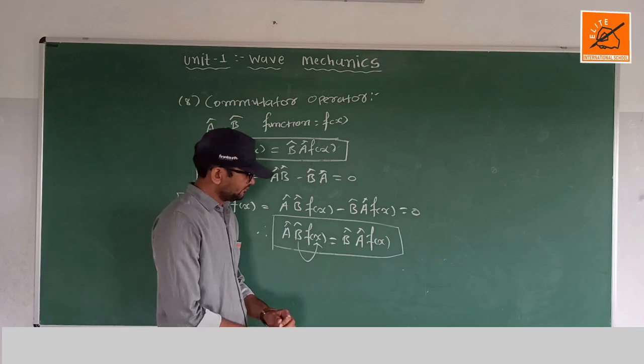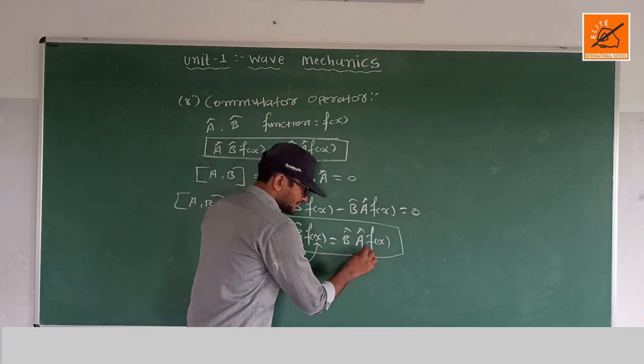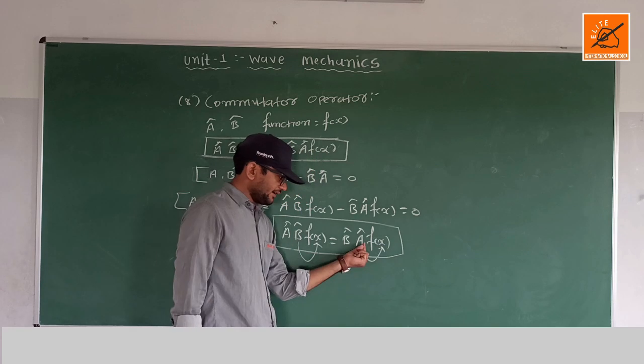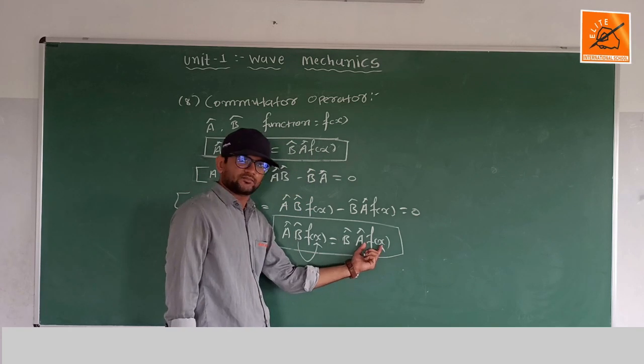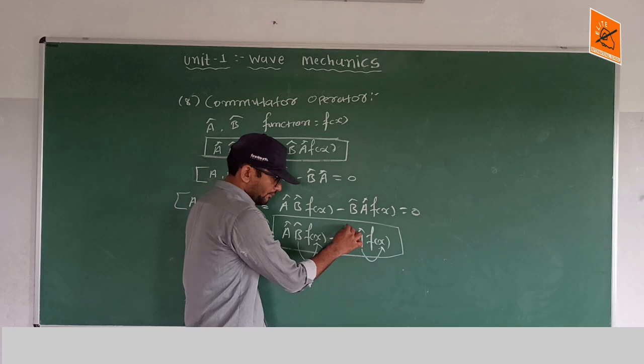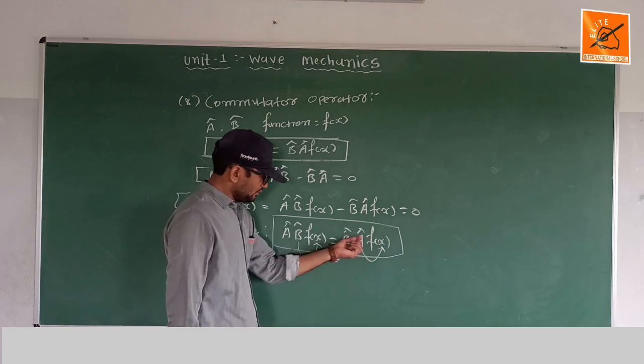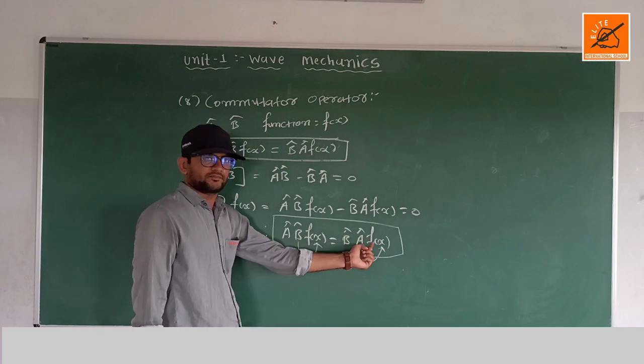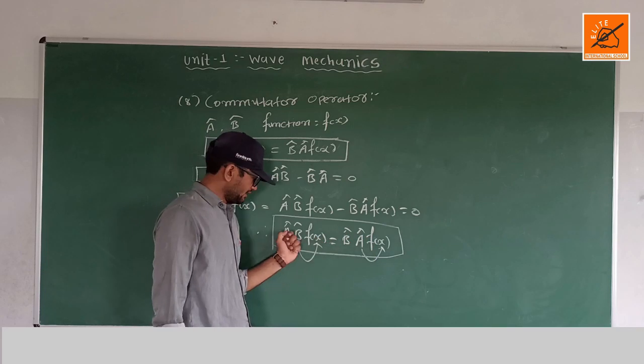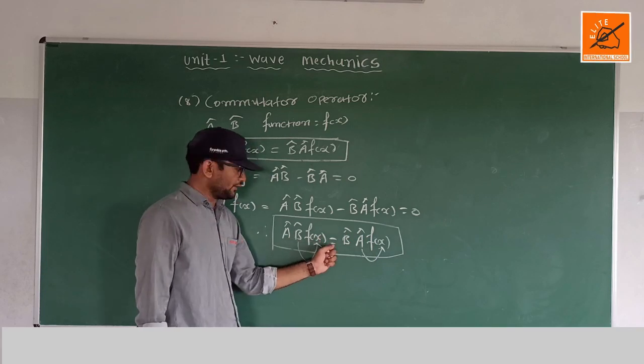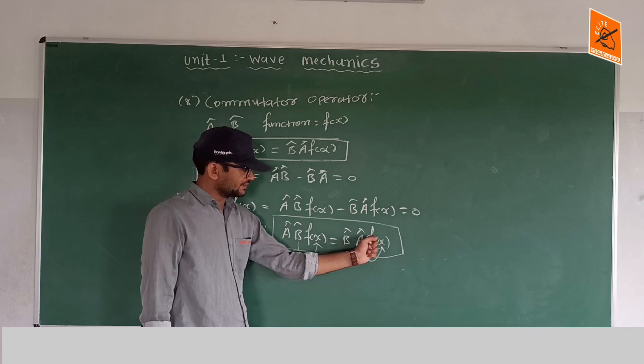In this case, f(x) is first operated on by operator a cap and gives another function which is further operated on by operator b cap. Both results are the same.